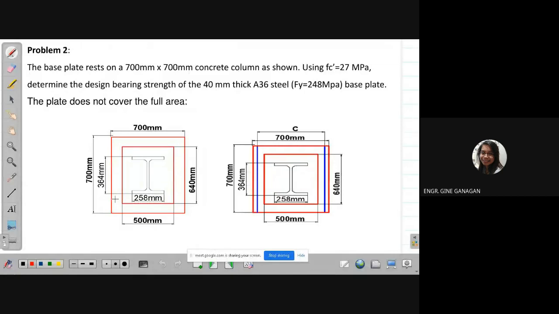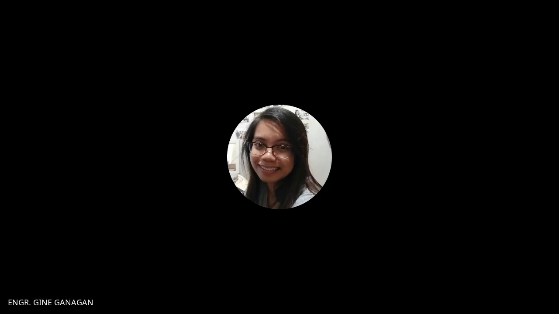Okay, so we have here the diagram for our problem number 2. So, the dimension ng ating pedestal kung saan yung base plate natin nakapatong is 700 by 700. Okay, so meron din tayong B and D for our column, that is 280 and 864. And yung ating dimension ng base plate is equal to 640 by 500.